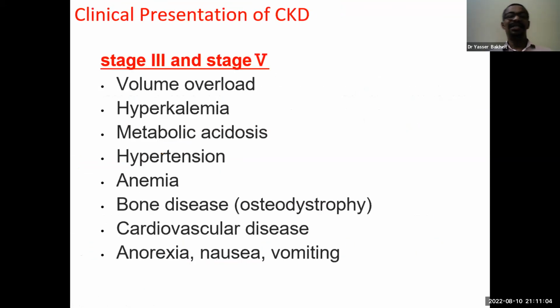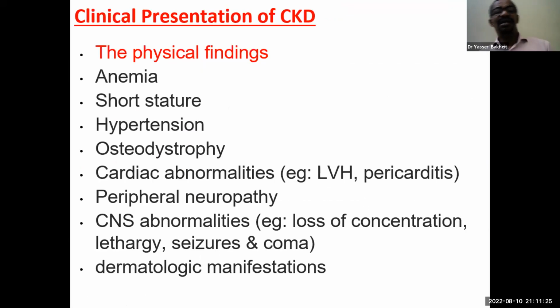In stage 3 up to 5, there are usually symptoms like volume overload, hyperkalemia, metabolic acidosis, hypertension, anemia, bone disease, osteodystrophy, cardiovascular disease, anorexia, and nausea and vomiting. The main physical finding in chronic kidney disease is anemia. Usually the patient looks pale, with short stature and hypertension.